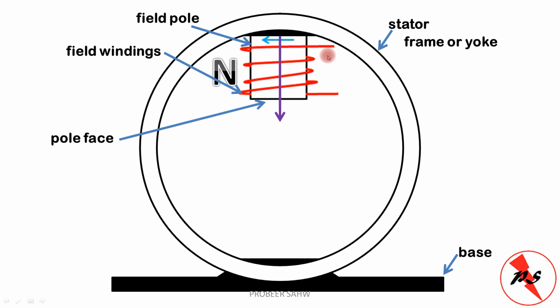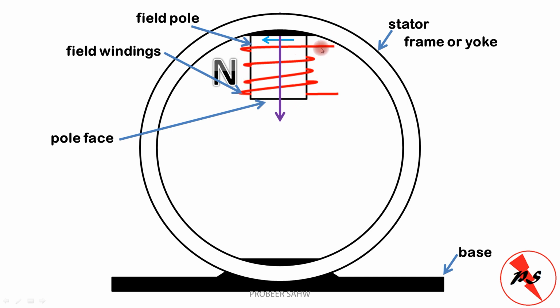So we can see that either we can have permanent magnets, north pole and south pole, or we can have electromagnets. To produce electromagnets on these field poles, or the pole cores, we can also call this protruding part field poles or pole cores.